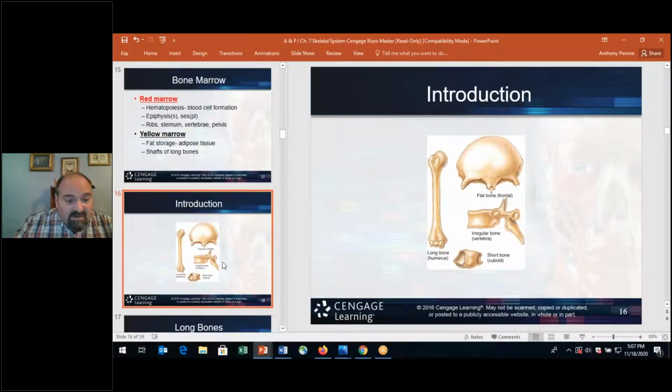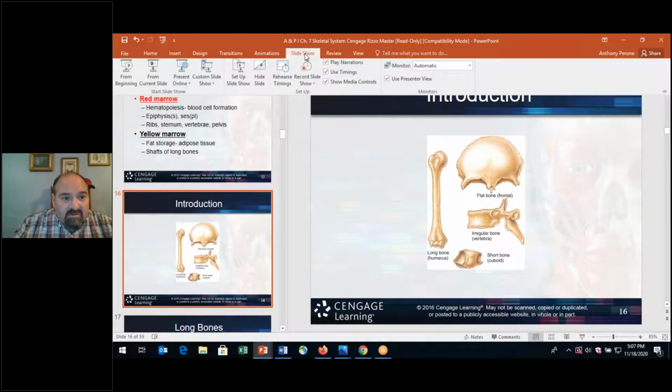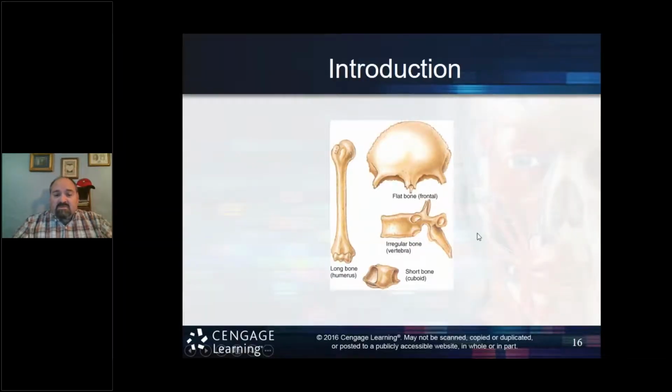I'll show you these next two slides, and then I'm going to move on to the other PowerPoint and notes. You'll see here flat bone, irregular bone, short bones, long bones, and know that the bones of the phalanges are considered long bones because they're larger in length than in width.